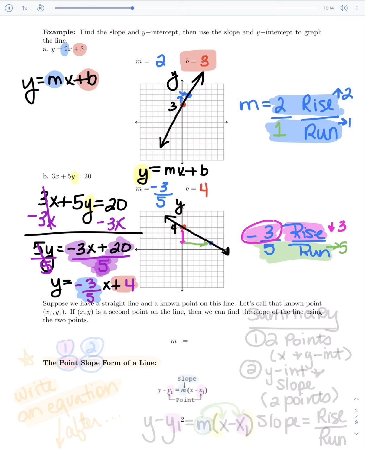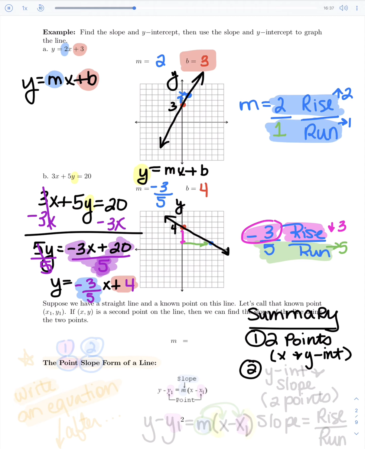So, as a quick summary, we first learned how to graph a line with 2 points. Specifically, we did the x and y intercepts by plugging in 0 for x and 0 for y.